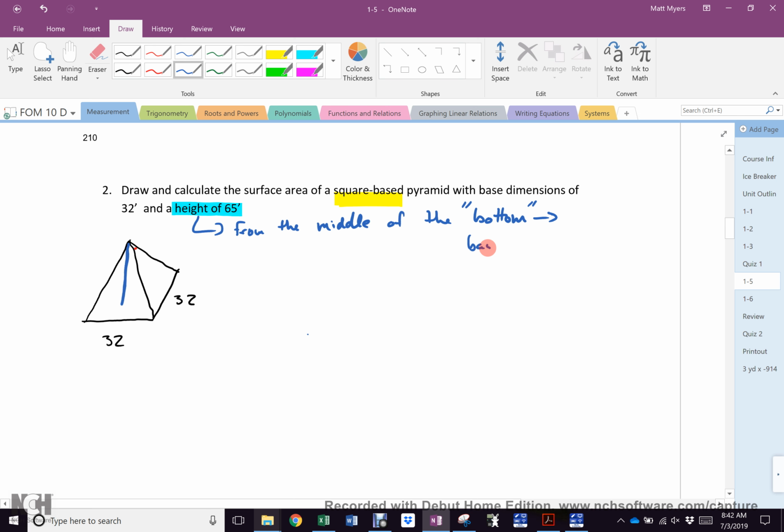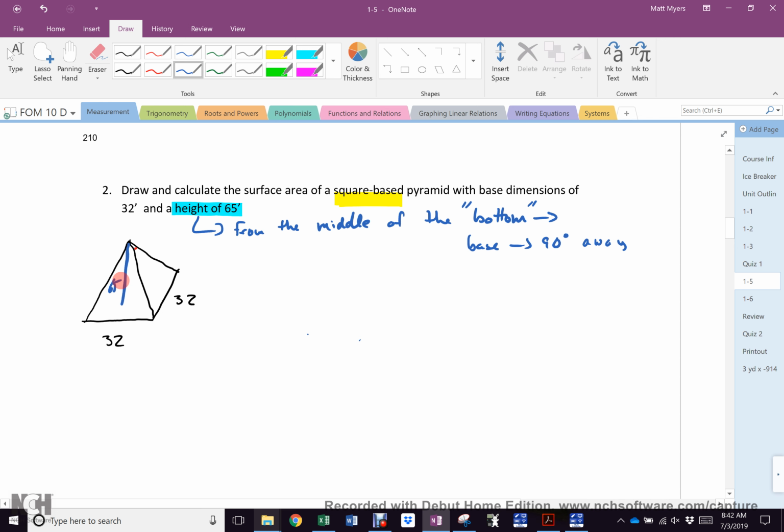From the base, and then you go 90 degrees, whatever direction it is. Because I could give you a diagonal prism pyramid, couldn't I? That went up like that. So you got to go 90 degrees away. So this is 65. Everybody cool?